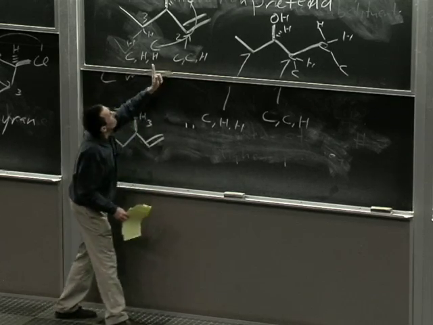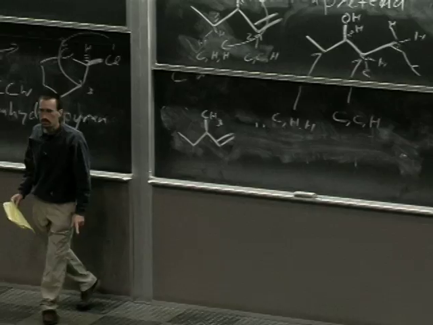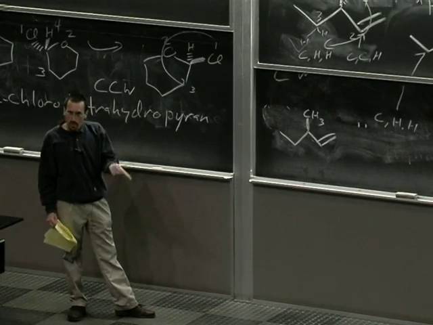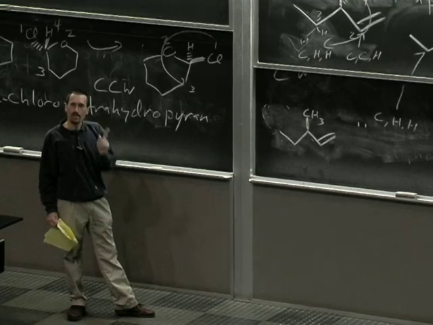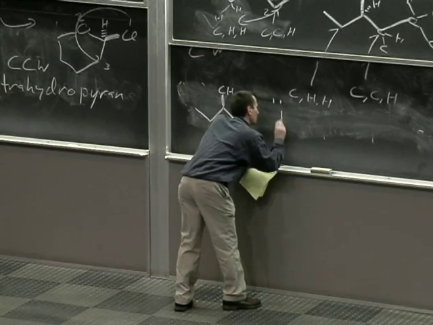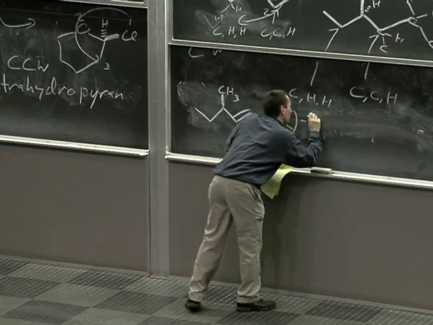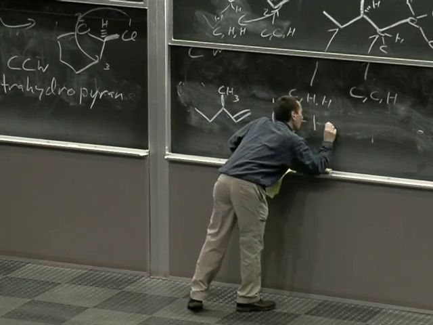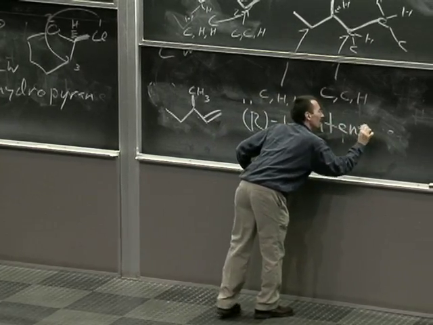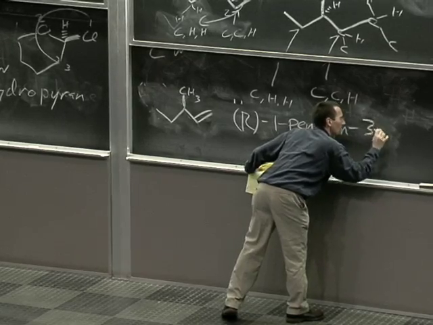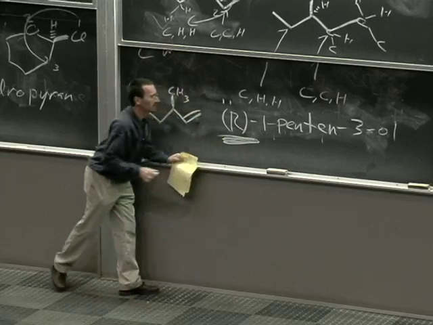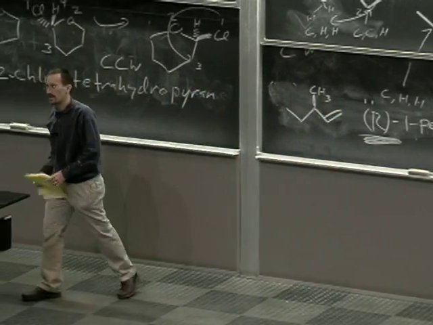So I'm going to skip the nomenclature of this molecule. If you want to know, it becomes R 1-pentene-3-ol. But the main point, don't worry about that nomenclature. The main point is for our stereochemistry.